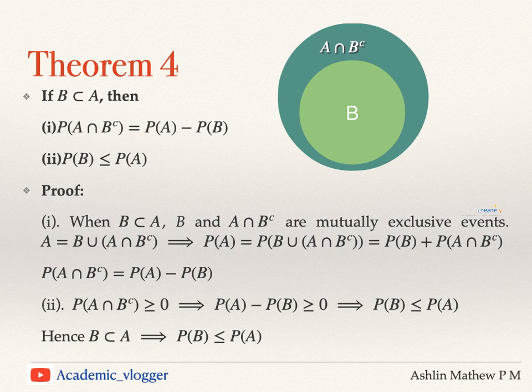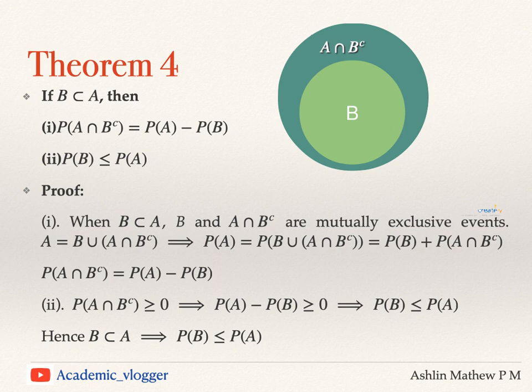So here B and A intersection B complement are disjoint. Therefore, I can write probability of A as probability of B plus probability of A intersection B complement. Therefore, we can write probability of A intersection B complement as probability of A minus probability of B.